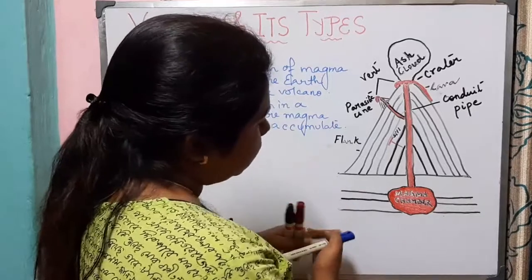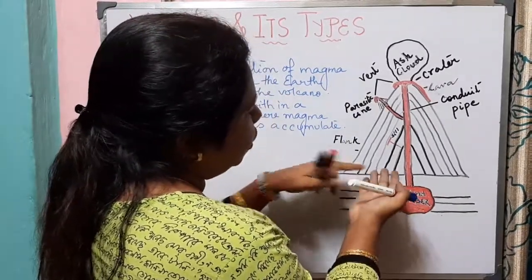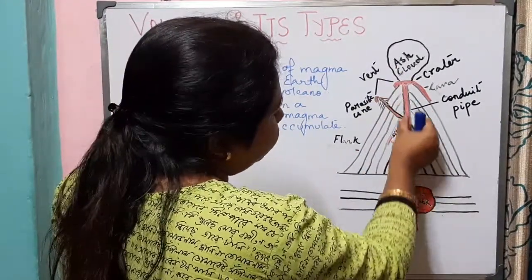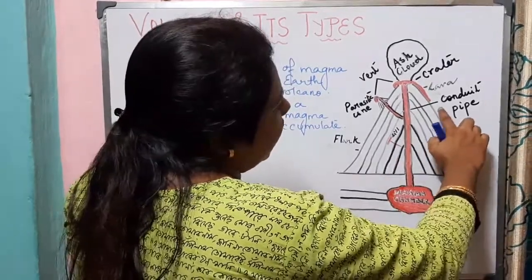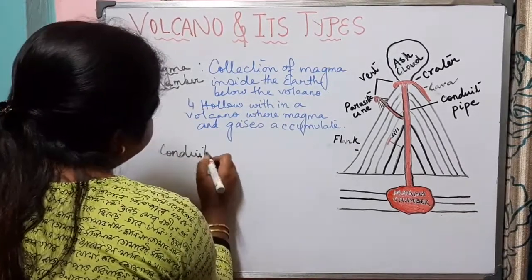Now, what happens during an eruption? During an eruption, the volcanic materials from the magma chamber try to move towards the surface via a pipe-like passageway. This pipe-like passageway is referred to as a conduit pipe. So what is a conduit pipe?